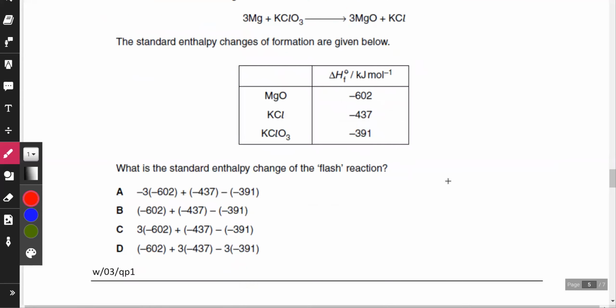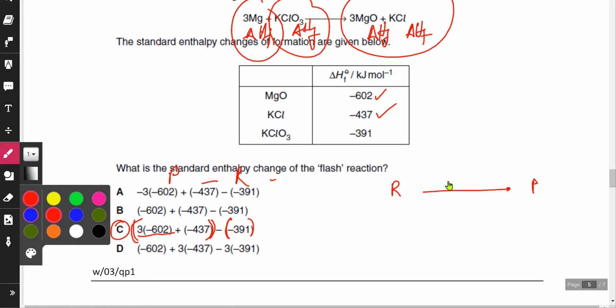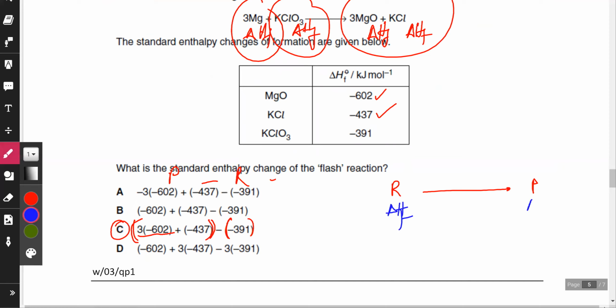So I'm just going to summarize what we did. We learned that there was a Hess cycle method. You had to draw the Hess cycle. But if there's any reaction where reactants are turning into products, and you know the enthalpy of formation of the reactants as well as the products, you just have to do product minus reactants, and you'll find the enthalpy change for this particular change.